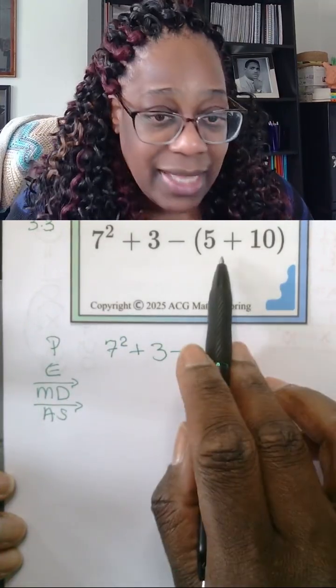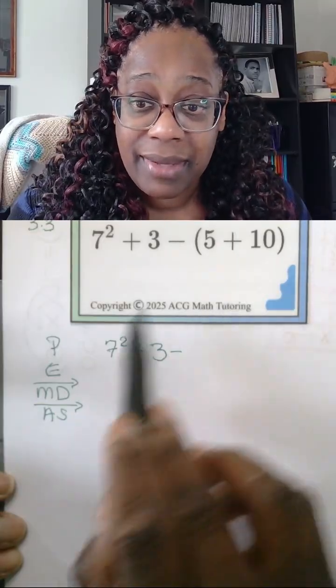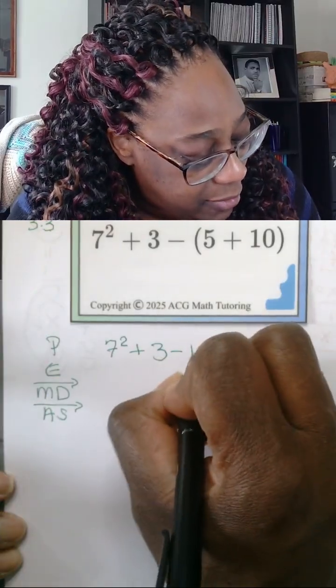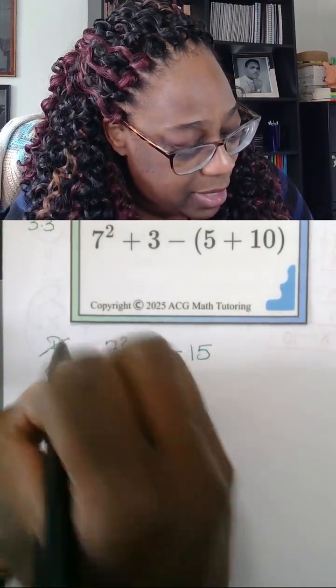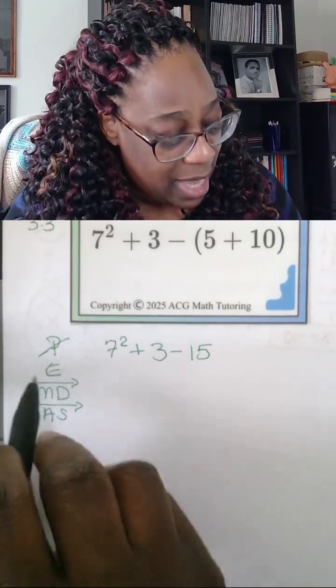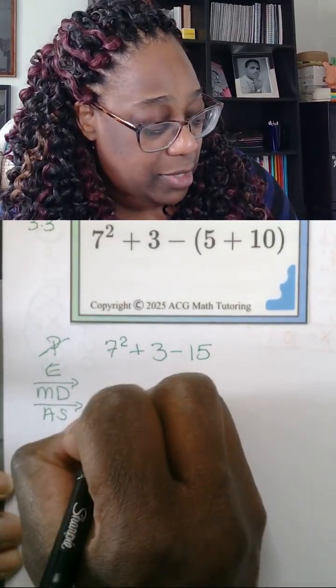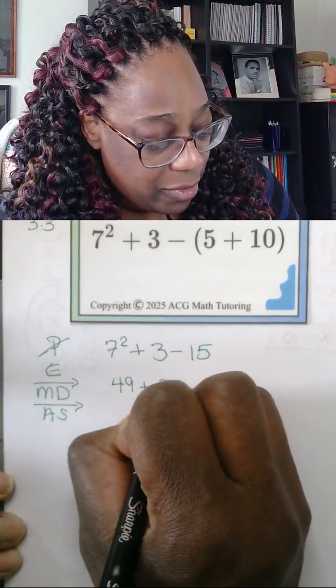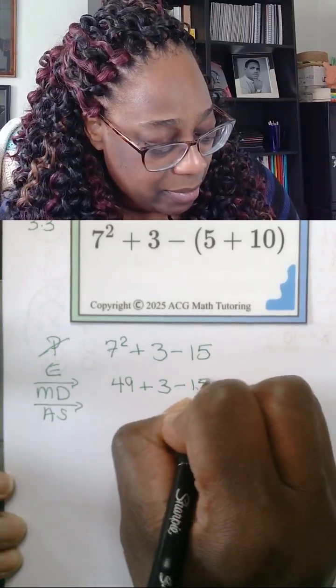Now, inside this parenthesis, we're going to combine. That's the P. So 5 plus 10, that gives us 15. So the P is done. Now we're going to deal with the exponent. So 7 squared, so we got our 49, and bring everything else down. Okay?